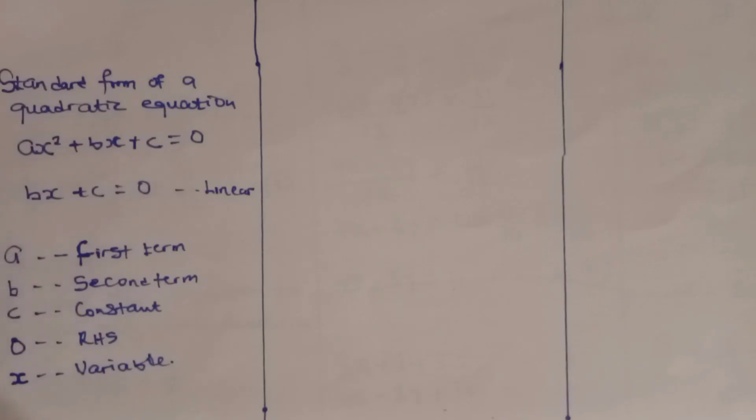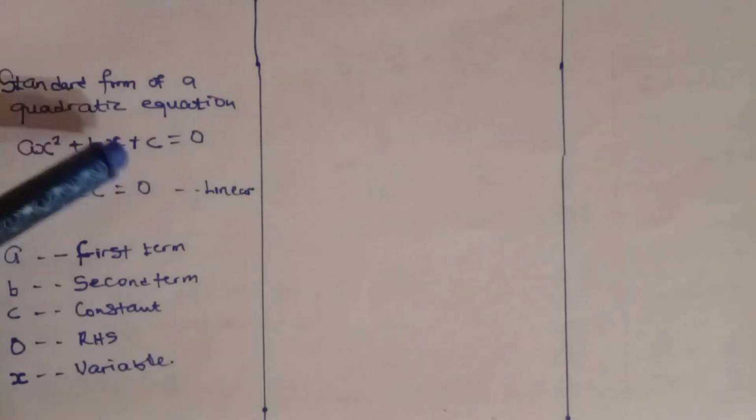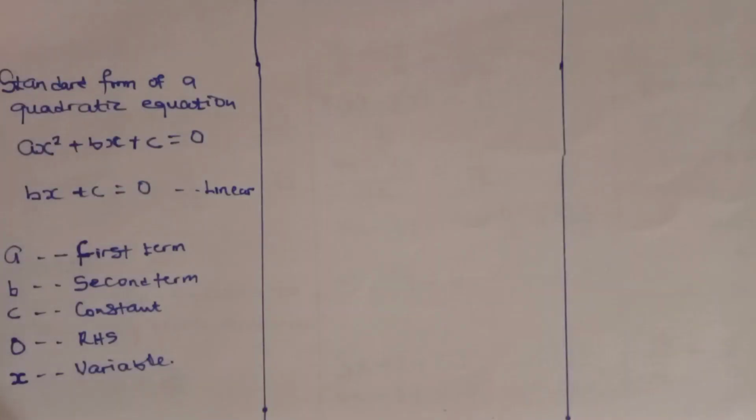Of course, it's the constant everywhere, and x is the variable, while 0 is the value at the right hand side. Most times you will see people call a the coefficient of the first term, b the coefficient of the second term, and c a constant. These are all the same.